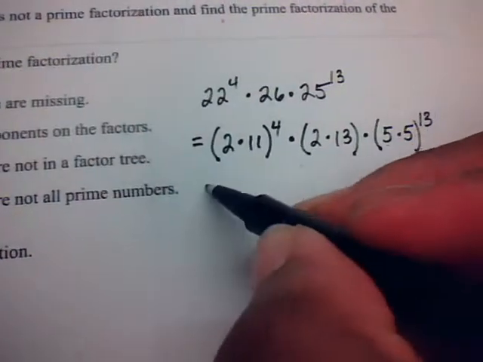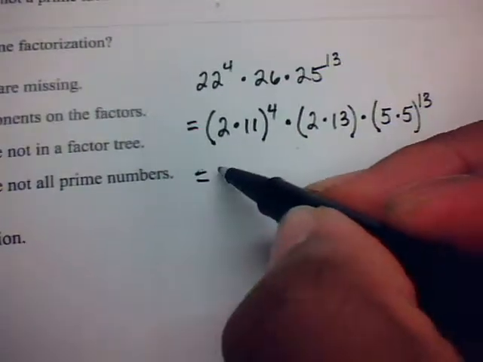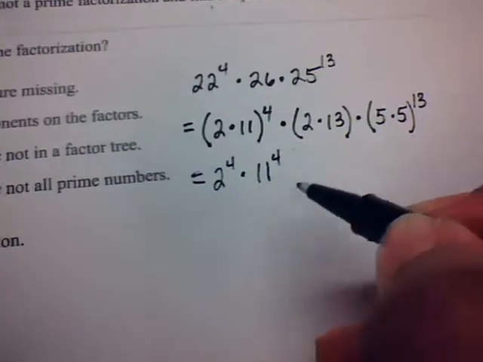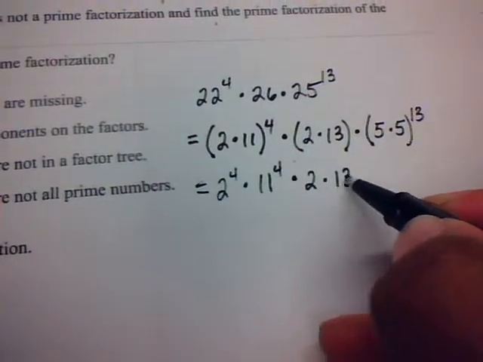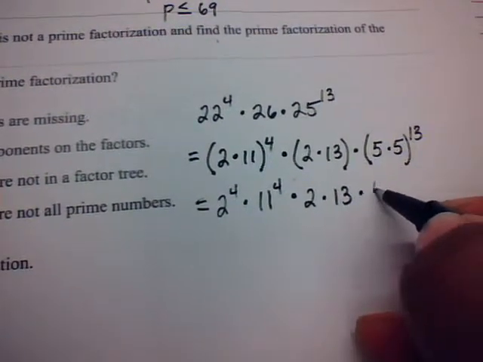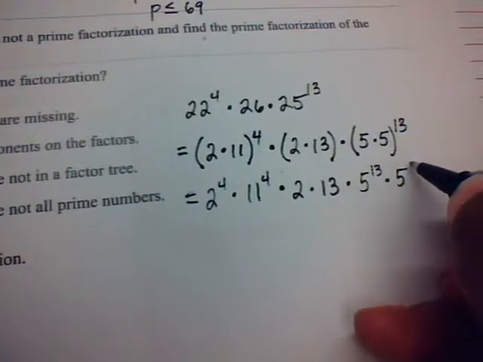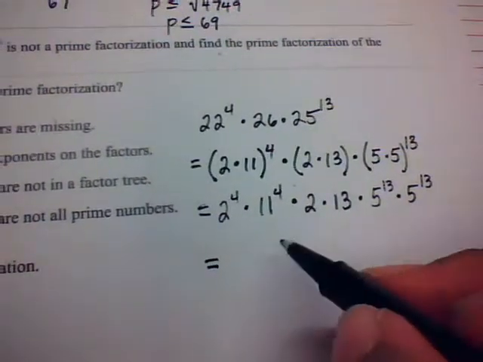Now, keep in mind that everything in the parentheses is to the 4th power, so that 2 is to the 4th power, and the 11 is to the 4th power. And then we bring down the 2 times 13 times. Now, 5 is going to be to the 13th power, and again, this other 5 is going to be to the 13th power. Now, let's simplify this a bit.